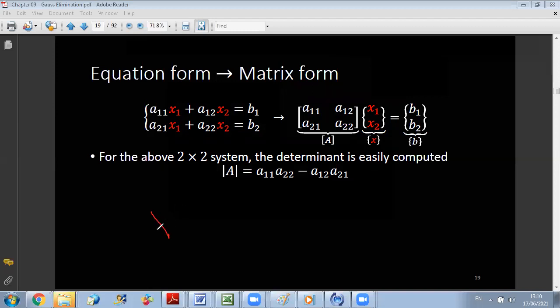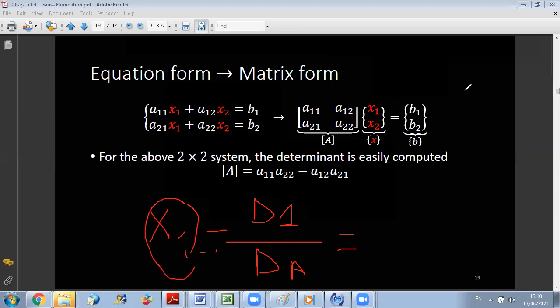I can say that x1 is equal to the determinant of a certain matrix, that I will tell you about, over the determinant of matrix A. He said that to get x1, I just have to get the determinant of the matrix that I get by replacing the coefficients that multiply x1, which are a11, a21, by the result column b1, b2.